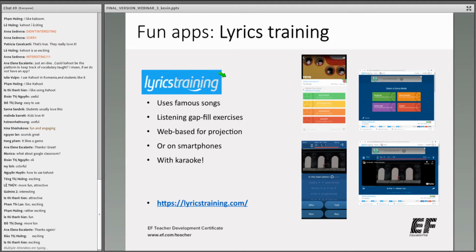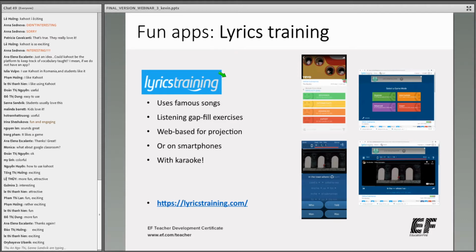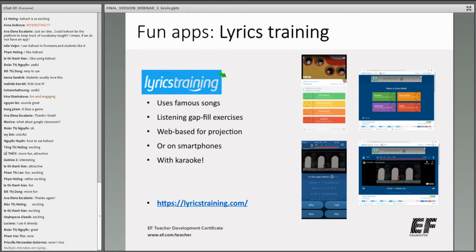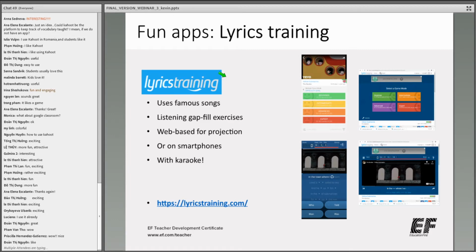Another non-EF app that you should definitely try using if you haven't before is one called Lyrics Training. So if you go to lyricstraining.com, this is a website that uses famous songs and allows students to gap fill the lyrics. So it will give them the lyrics of the songs with specific words that are missing.